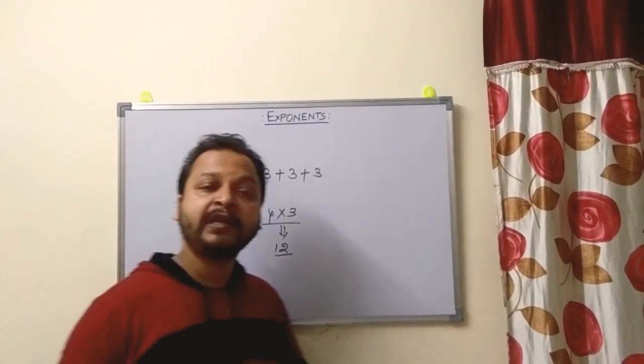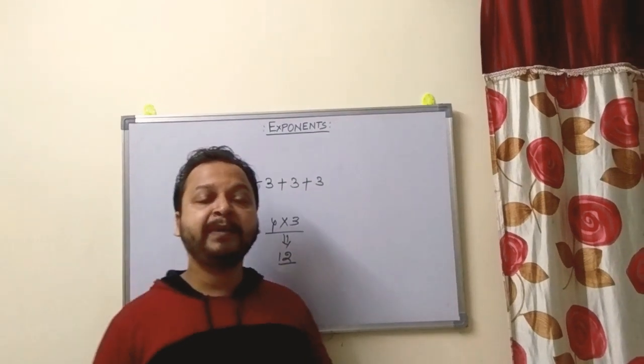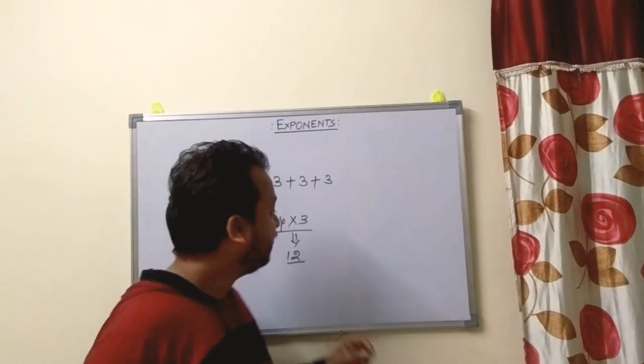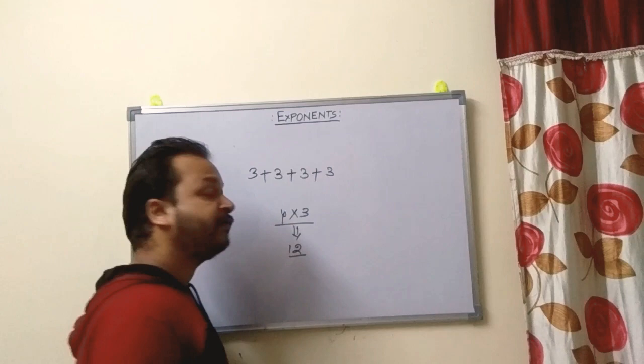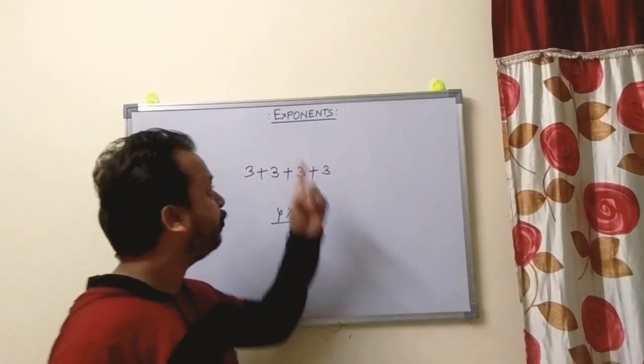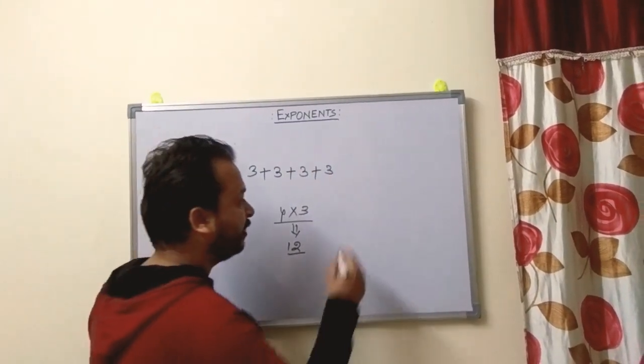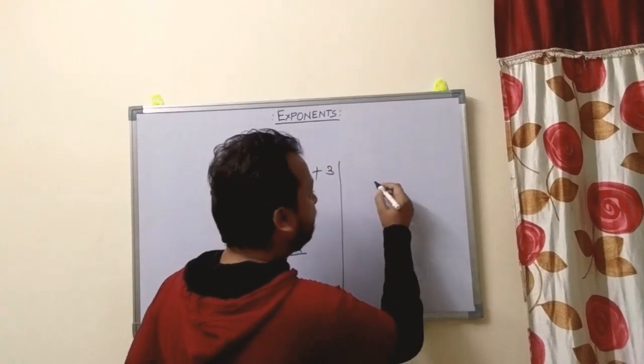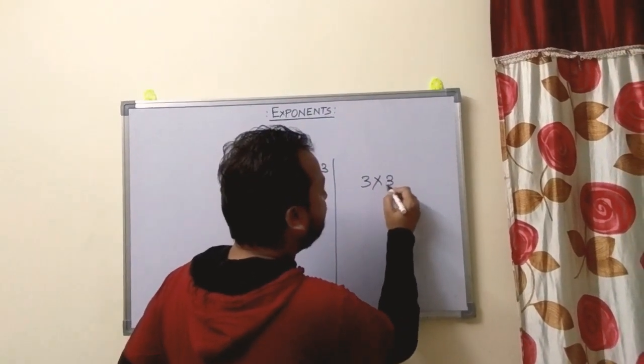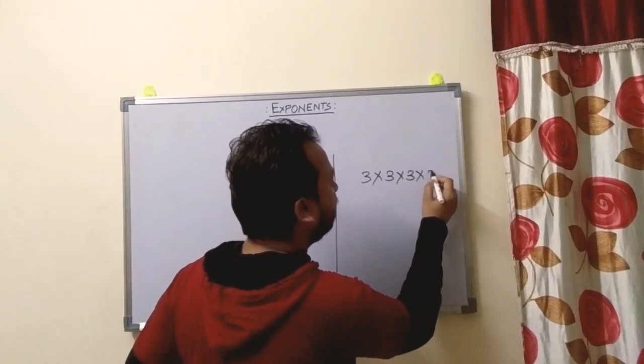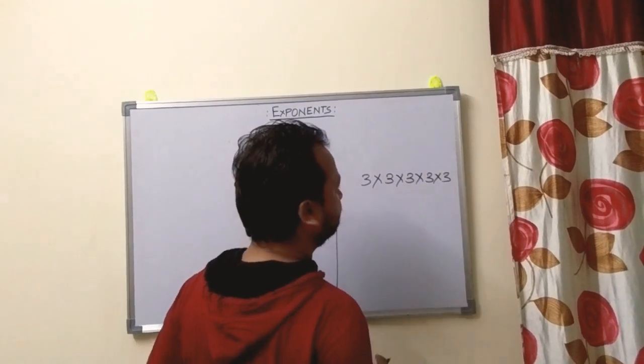But there are occasions where multiplicative repetition occurs, and from there the concept of exponents was developed. The example is 3 into 3 into 3 into 3 into 3.